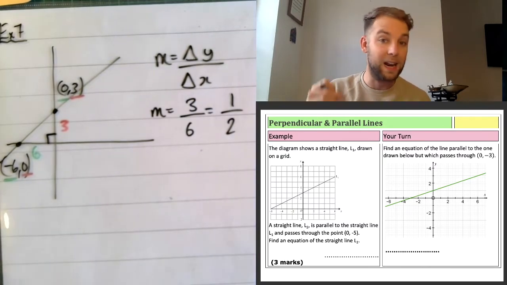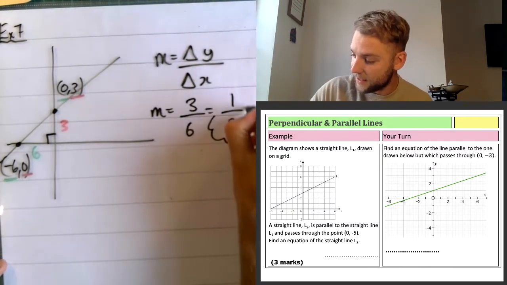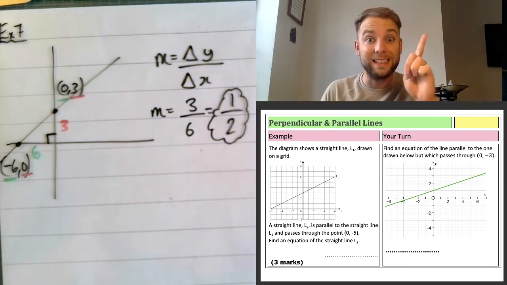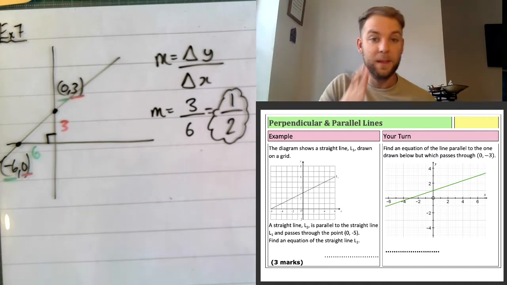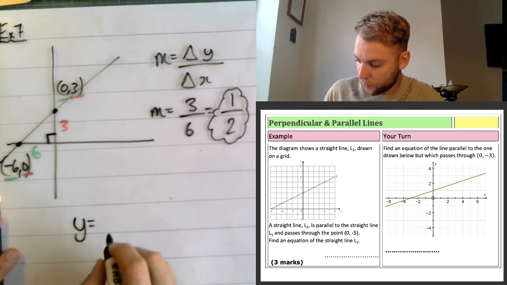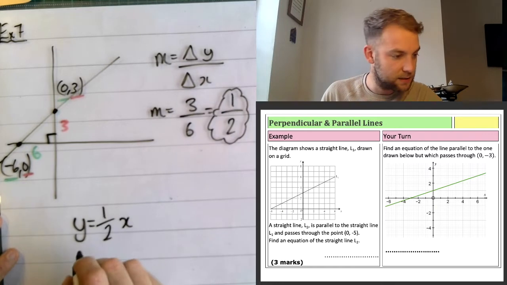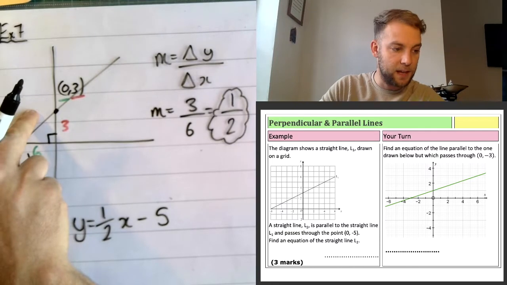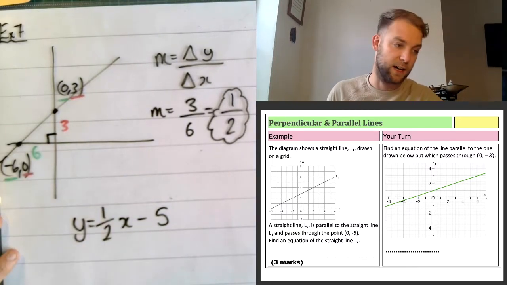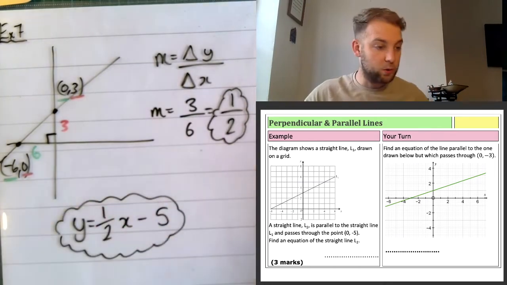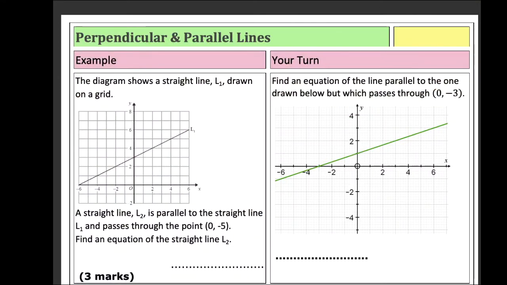And if I want a line which is parallel to this, which means it's got the same gradient, and passes through the point 0, negative 5, notice it's 0, negative 5, so we already have the y-intercept, then the equation of this line is going to be y is equal to a half x subtract 5, where the half is parallel to this line and it's passing through 0, negative 5. Super. Okay, what I'm going to suggest you do is pause now and have a little go at that one on the right hand side. Remember to pick 2 points, any 2 points on there. Off you go.